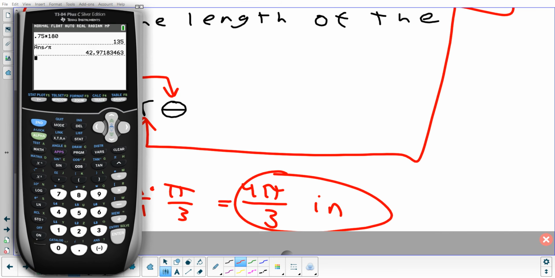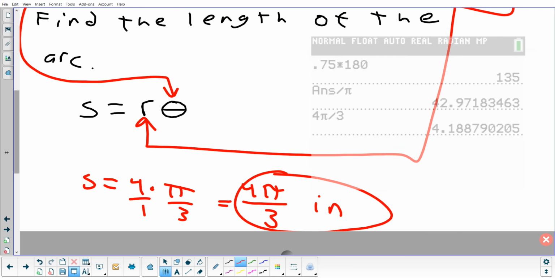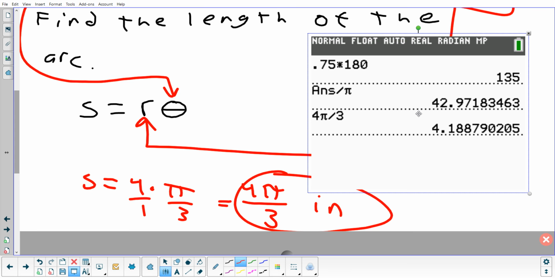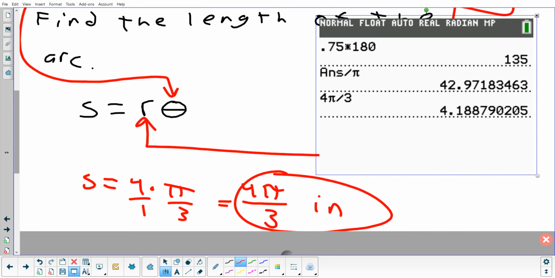And most of the time, you're gonna be able to leave it just like that. But if they wanted a decimal, just like yesterday, always use the pi button. And you get about 4.19 inches. Okay. Any questions on finding the length of the arc there?